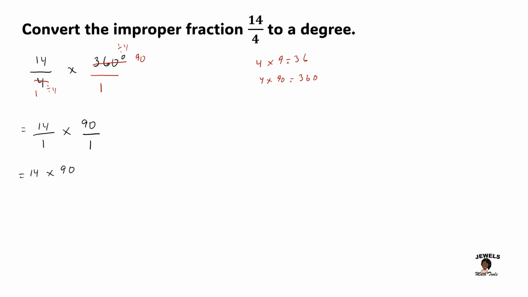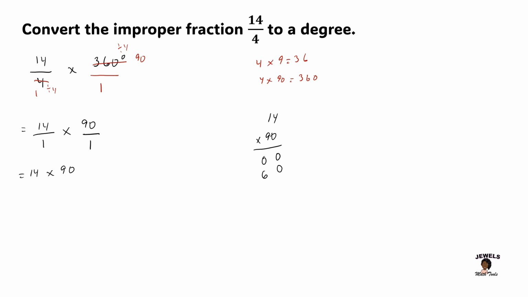So now we're going to just perform our multiplication, and the answer that we get will leave us with our answer in degrees. So we know that 0 times 4 is going to equal 0. 0 times 1 is equal to 0. I'm going to add in my 0 first and then begin multiplying by my 9. So 9 times 4 will equal 36.